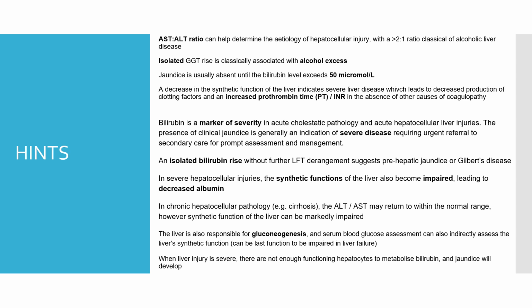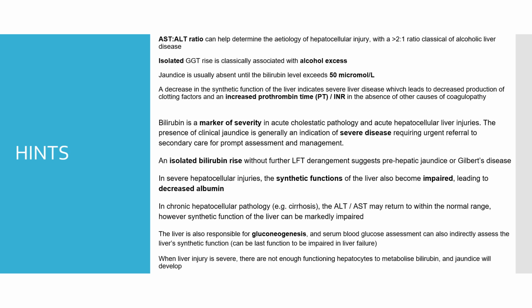Jaundice is not normally seen until bilirubin exceeds 50. As we know, the liver makes clotting factors, so if the function of the liver is affected, we do know that clotting factors are not being produced, so we need to watch for coagulopathies.